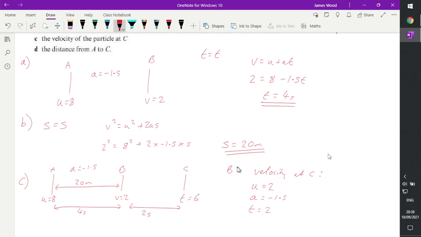Okay, so we're just looking at B to C, and we want to find the final velocity. So we can use v equals u plus a t. So what's that? Minus 1.